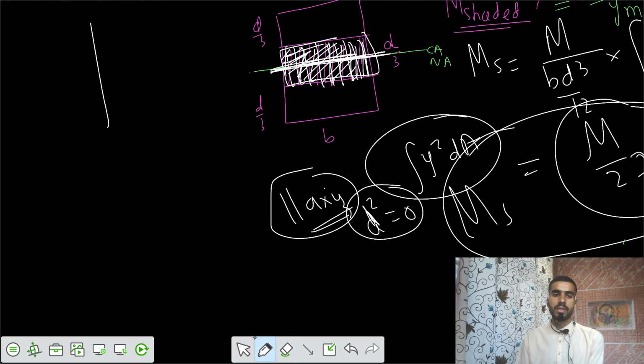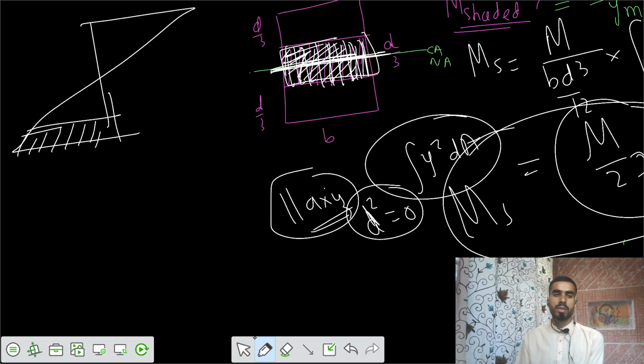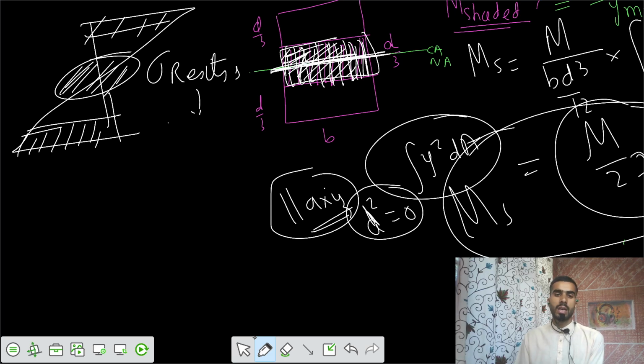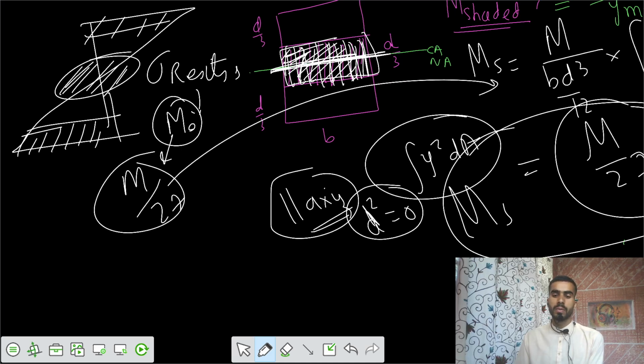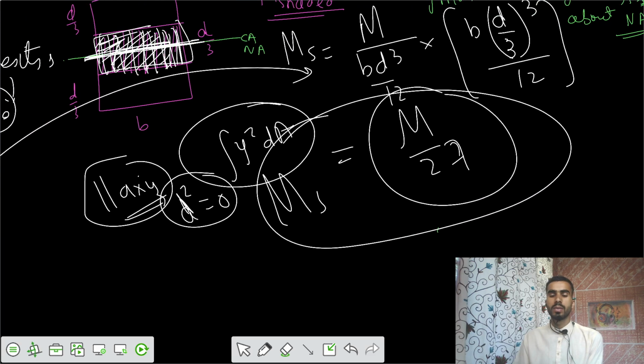We know that in bending, the maximum stresses are developed in the extreme fibers. So the internal fibers do not get a sufficient amount of stress, so they resist less. That means out of the total external moment M, they resist only M by 27. That's very less.